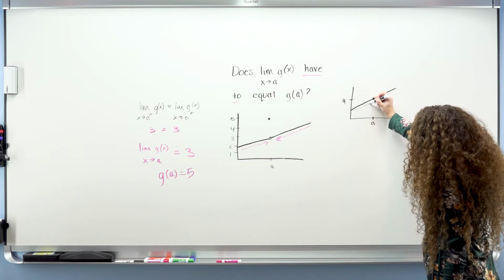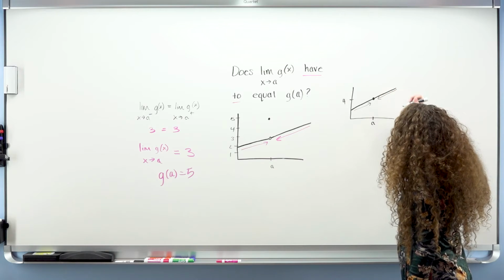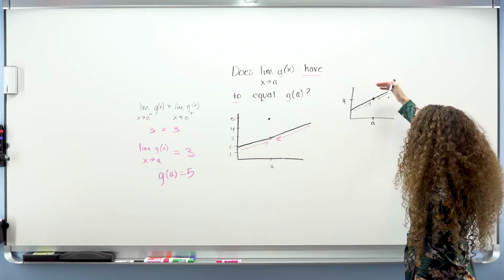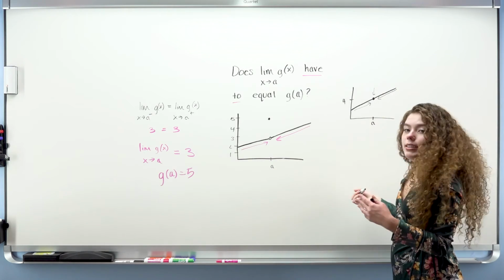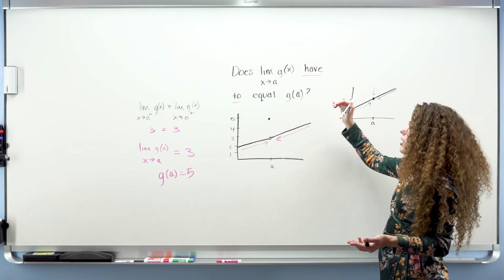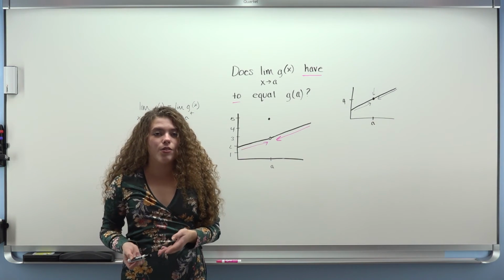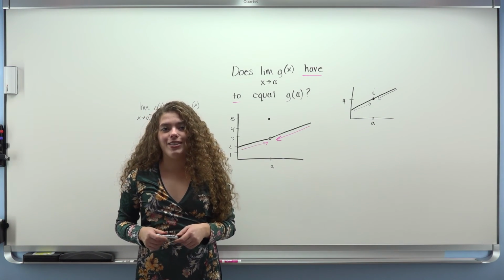Yes, from the left side, it is approaching the same thing as it is from the right side, and it is also defined at that same point. So there are, again, points where it can be equal, but it does not have to be. I hope that solved any confusion you may have had, and thank you so much for watching.